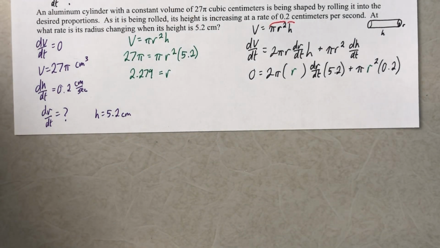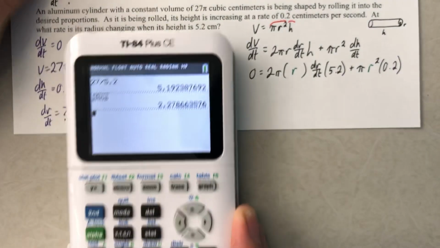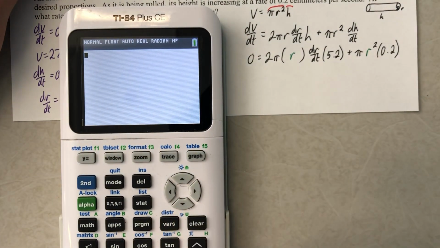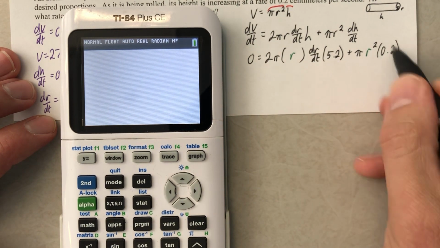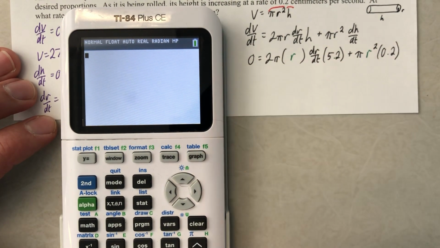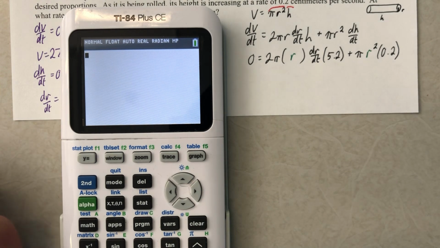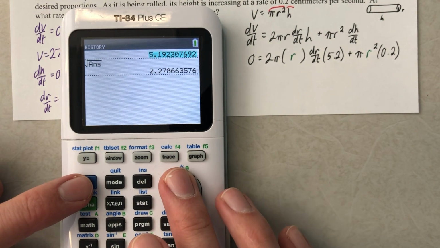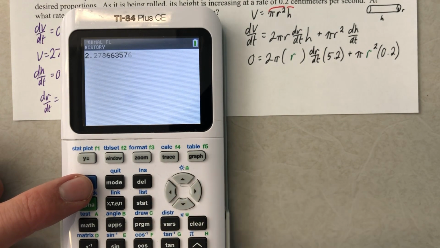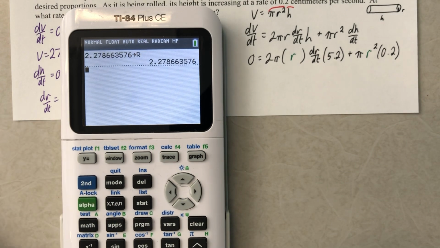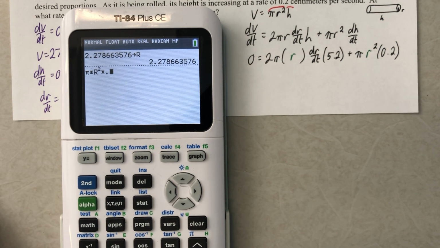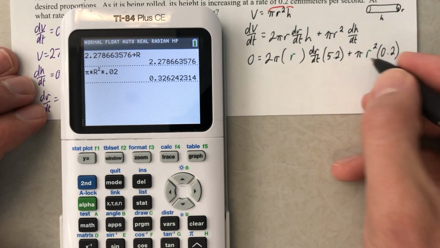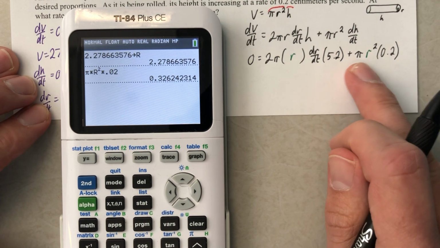So let's instead keep going with this. We're going to clean up this term, and this term, and we're going to take this term and move it to the other side. Did I store it as r? I don't recall. No, I didn't. Okay, we'll store it as r. There it is. Pi times my radius squared times 0.2, and that is 0.326.